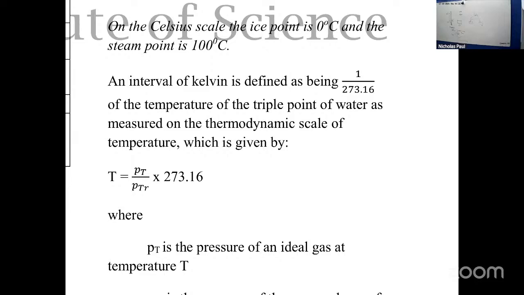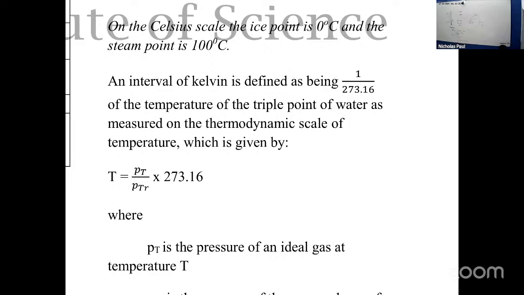Right, an interval of Kelvin is defined as being 1/273.16 of the temperature of the triple point of water, and we see the triple point of water here. An interval of Kelvin is defined as being 1/273.16 of the temperature of the triple point of water as measured on the thermodynamic scale of temperature, which gives this.